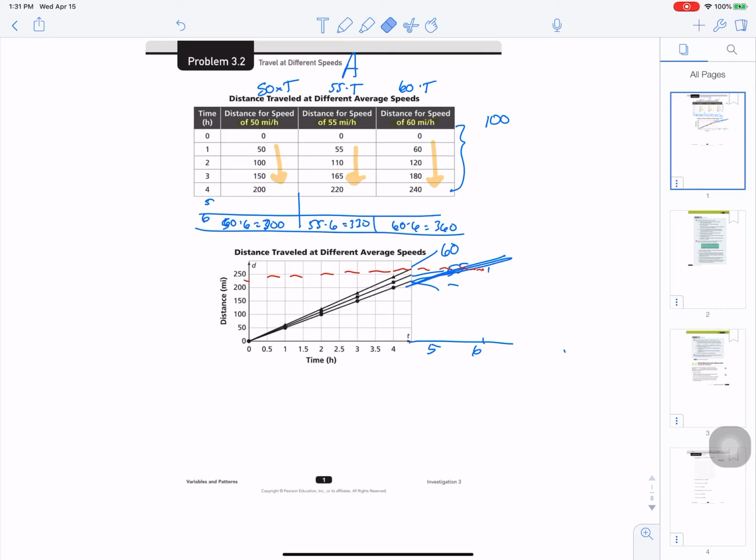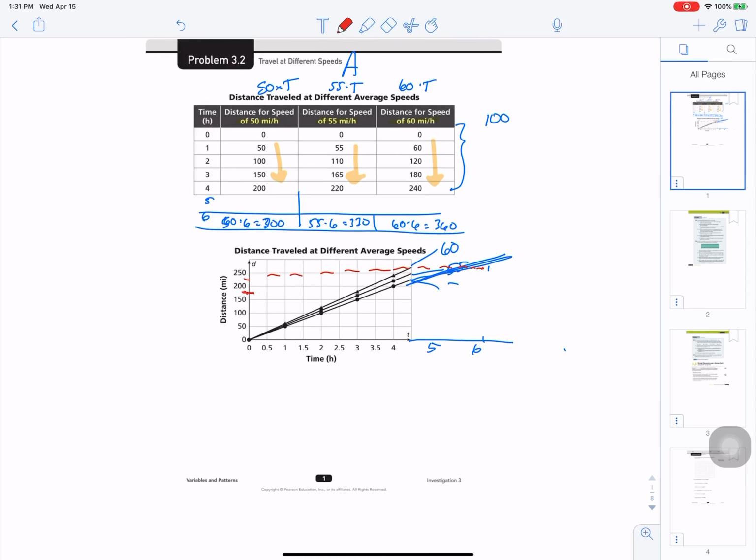Or you could do the opposite, guys. If you knew a certain distance, and you wanted to know how long it would take, depending on, say, your speed, you could just go that way until you hit the graph you are looking for, and then down, and it would tell you how much time it would take. All right, so maybe that would be 2.75 hours if you're at 60 miles per hour.